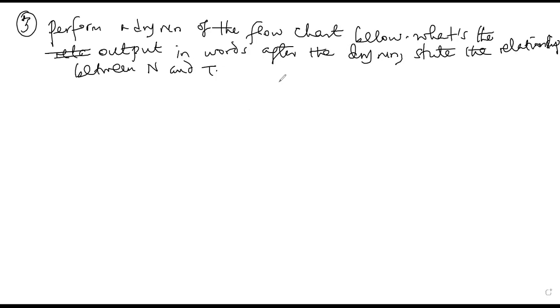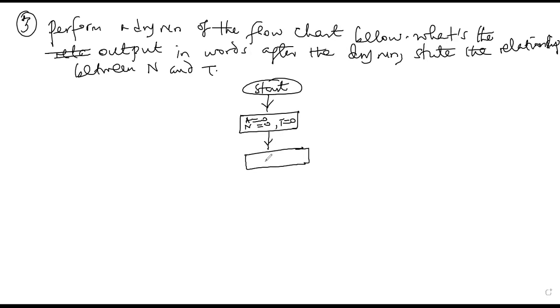So we are having start, and here we shall have A as 0, N as 0, and T also as 0. It was supposed to be down. Then here my flowchart will have N equal to N plus 1.